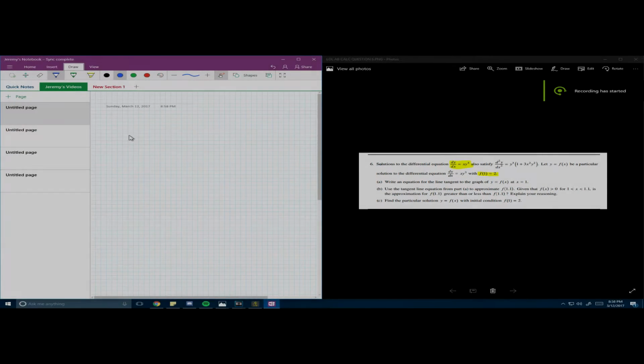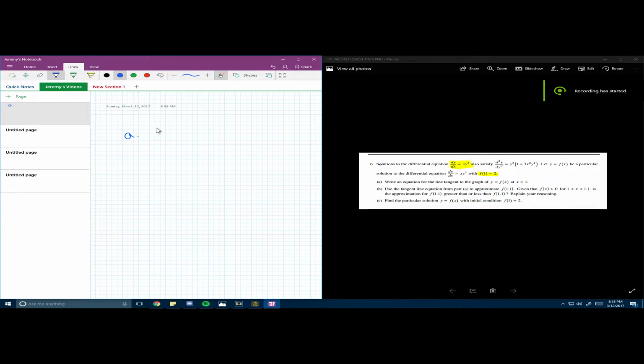In this problem, part A, we're given x equals 1, and they want us to find the line tangent to the graph of y equals f of x when x equals 1. So this equation should be popping up in your head because it helps us find y equals mx plus b, which is just a straight line, which is what the tangent line would be.